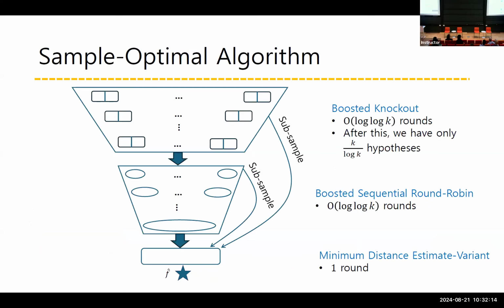And then from there, we do a combination of round robin and other things, where maybe the details wouldn't matter. Another small thing that we do compared to previous work is that we boost the probability of success, and we get logarithmic dependence on the failure probability.